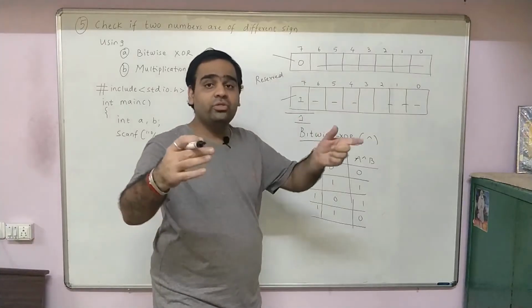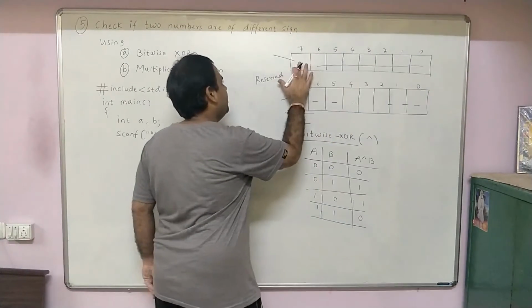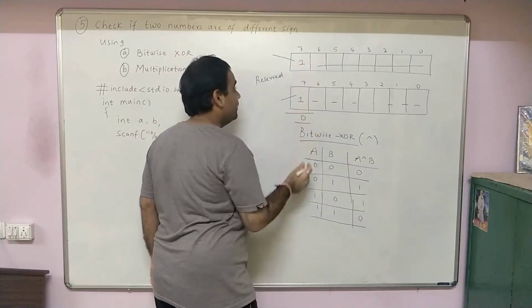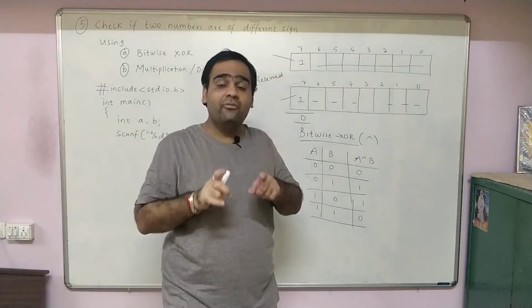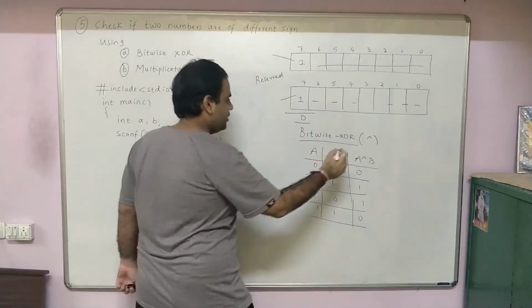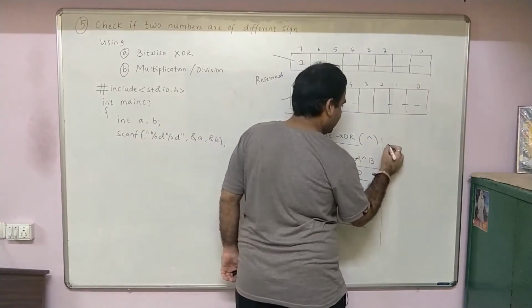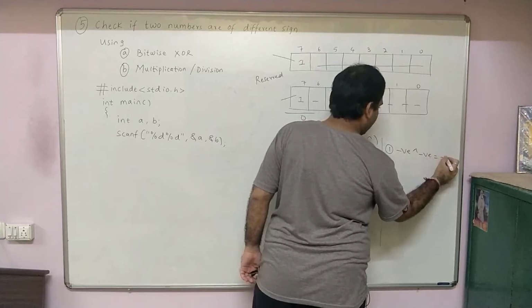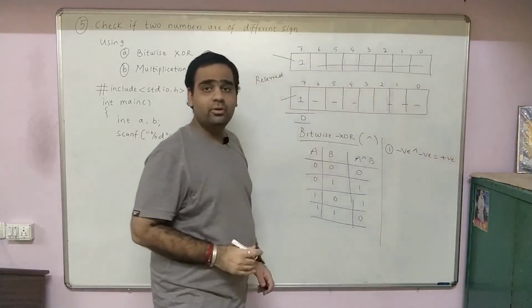Now suppose both are negative numbers, that means here also it would have been 1. And what is 1 XOR 1? 0. That means the XOR of two negative numbers is a positive number. Is that okay? Therefore, we can write the conclusion over here. Negative number XOR negative number, what do you get? You get a positive number. Why?